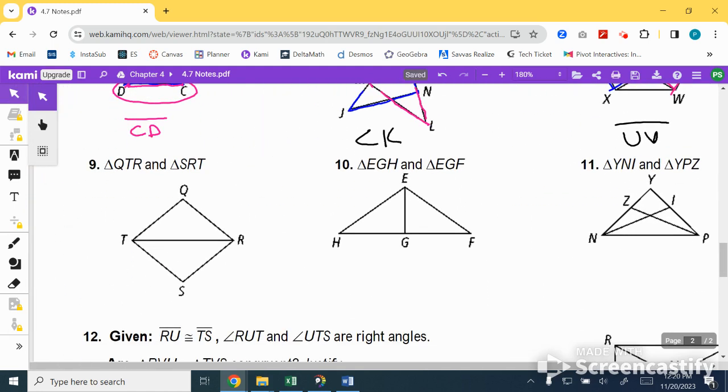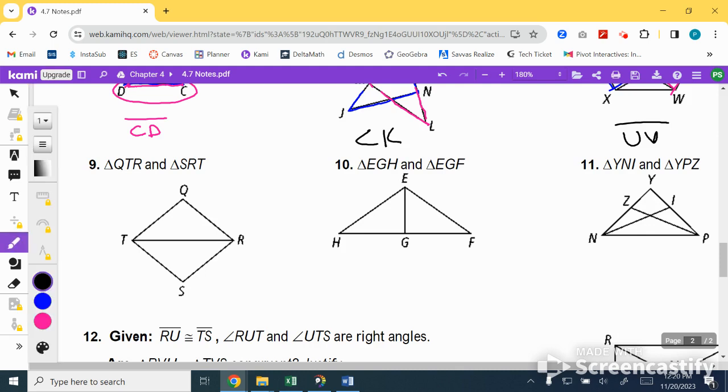All right, triangle QTR and triangle SRT. Now we've seen triangles like this before. They don't actually overlap, but they do snug up against each other. Let's do the same thing. We'll just keep highlighting. So triangle QRT, Q to R, and then back over to T and back to Q. So there's our first triangle.